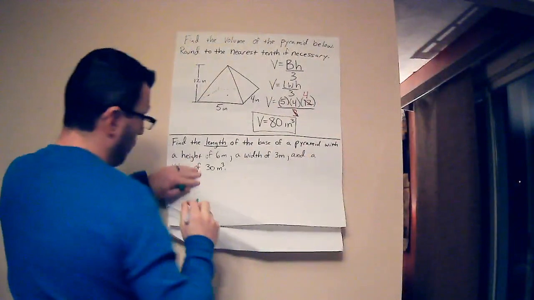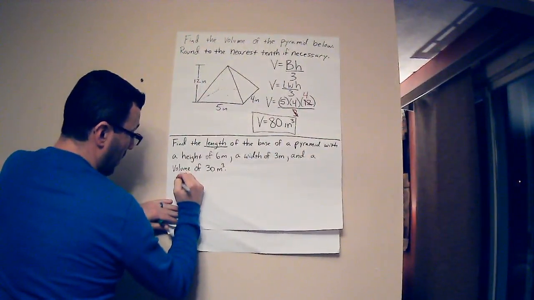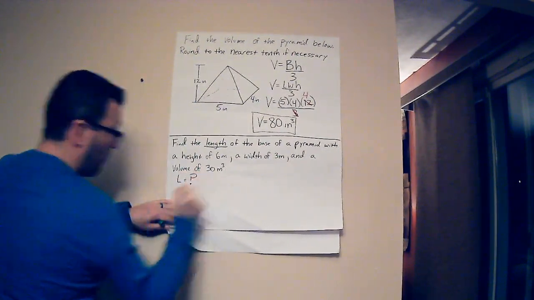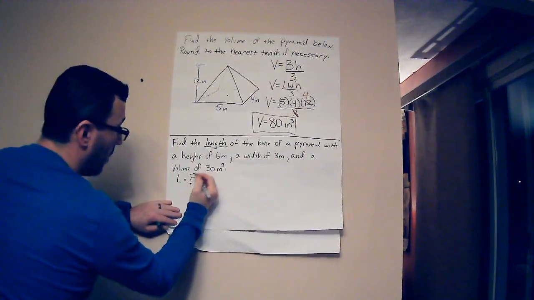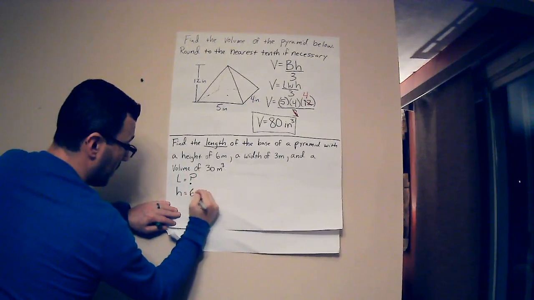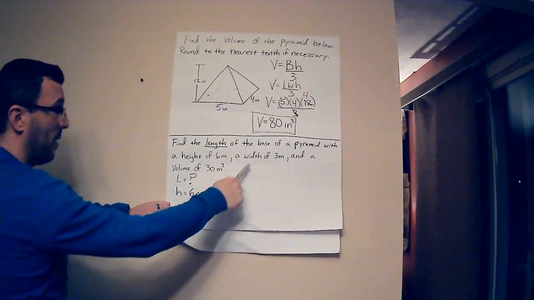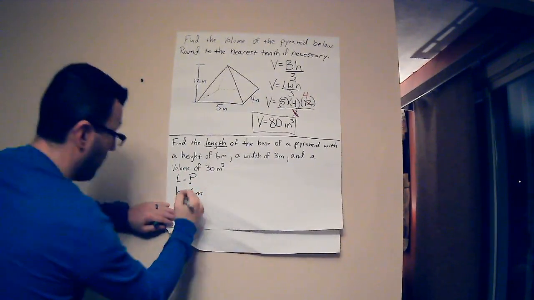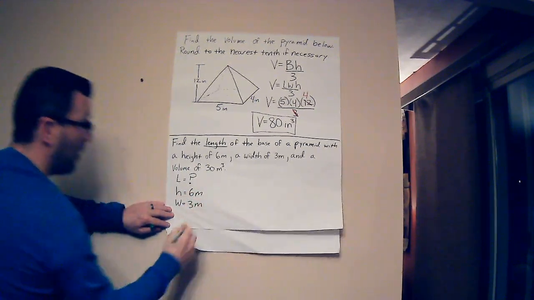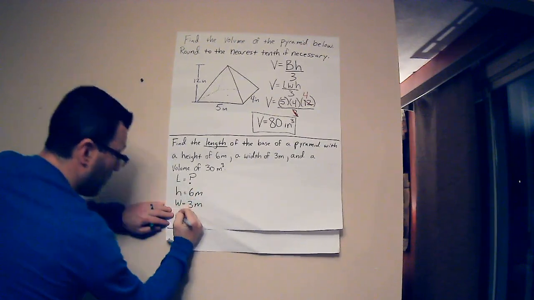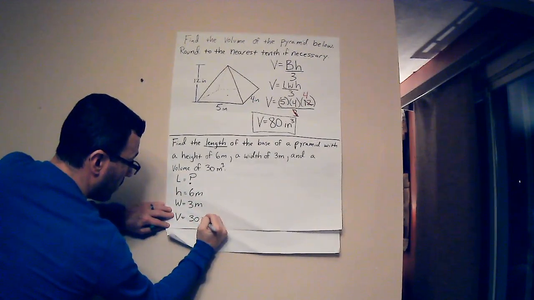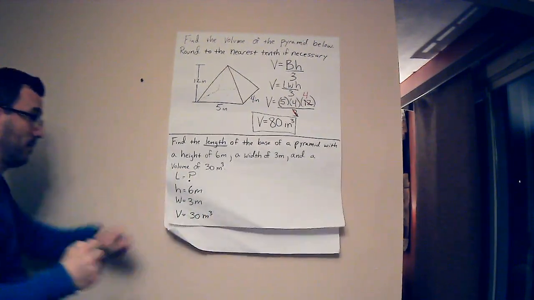So I'm going to write that the length, we don't know. The height, h, is 6 meters, a width of 3 meters, so I'm going to write width equals 3 meters, and a volume of 30 cubic meters. Okay?